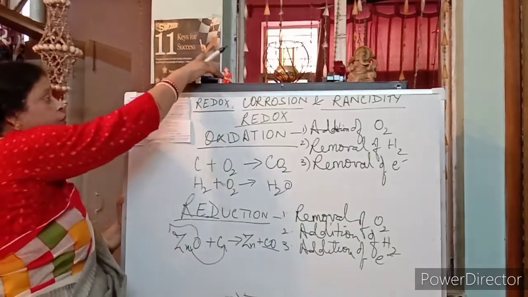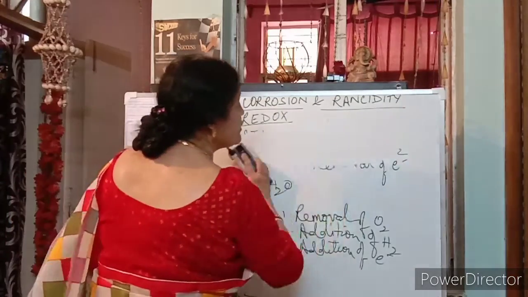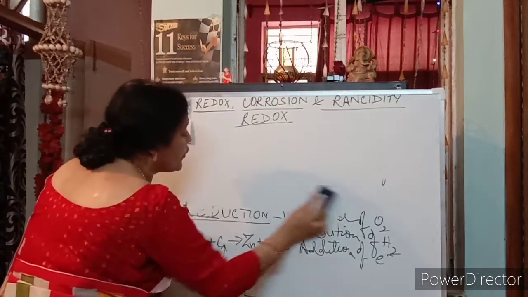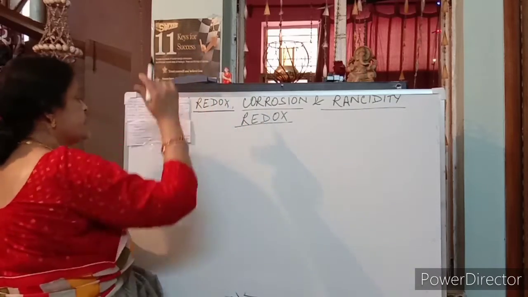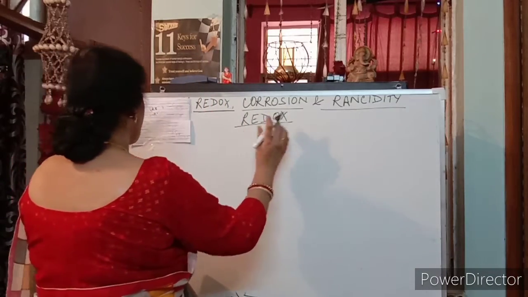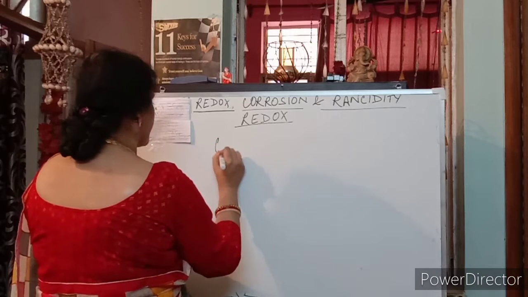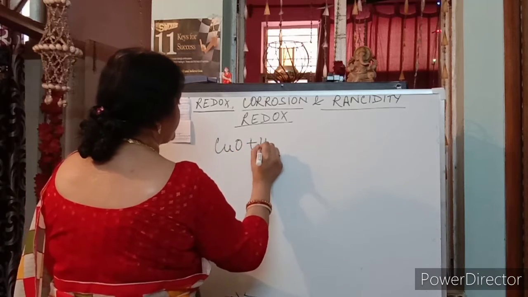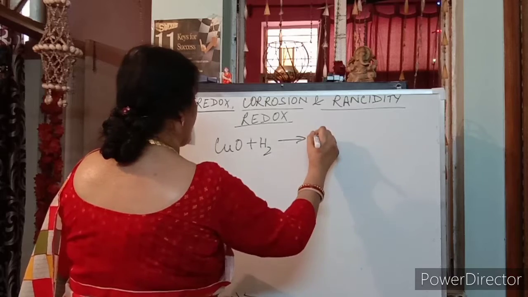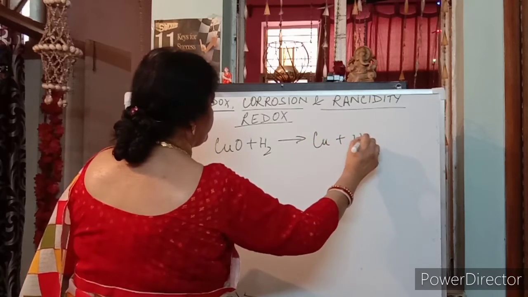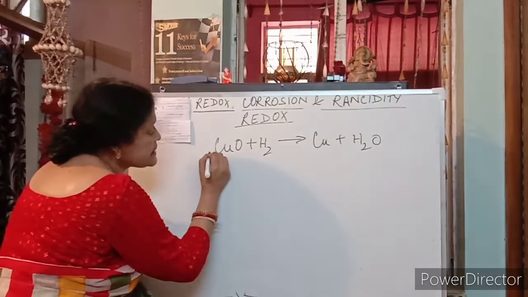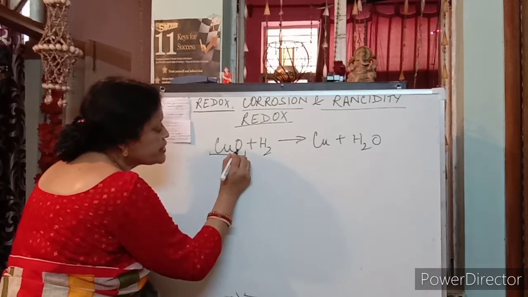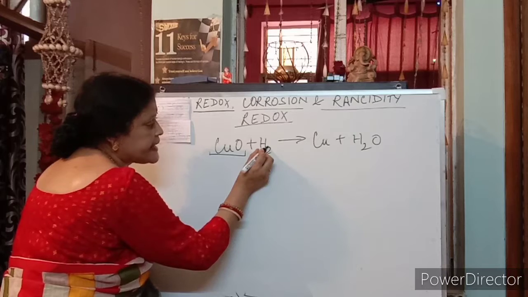These are the single reactions I have shown you. Now the reactions which I am going to show you, that is when both the processes, oxidation and reduction, are going simultaneously to show the redox reaction. Suppose if I say CuO plus H2 gives copper plus water. Yes, student. Here what happens? Copper oxide is losing its oxygen and hydrogen is gaining.